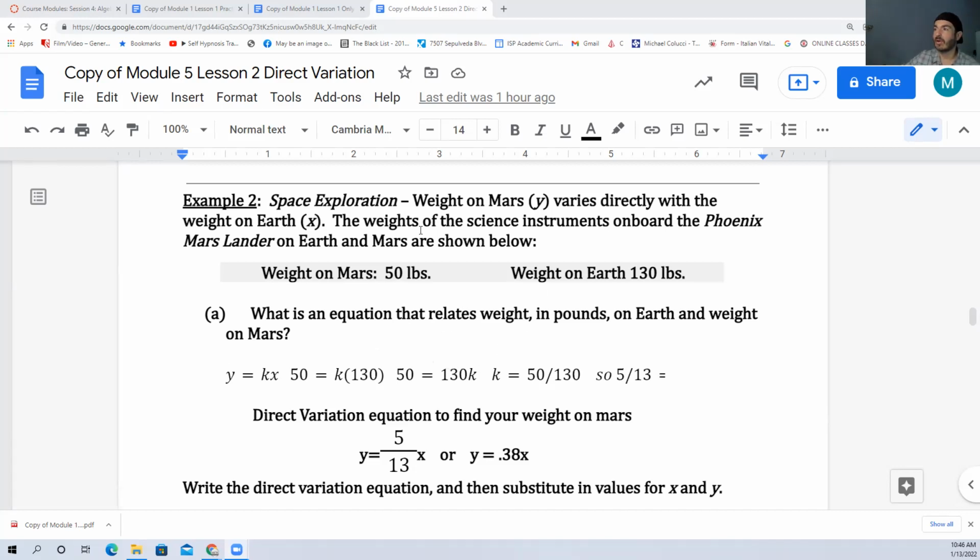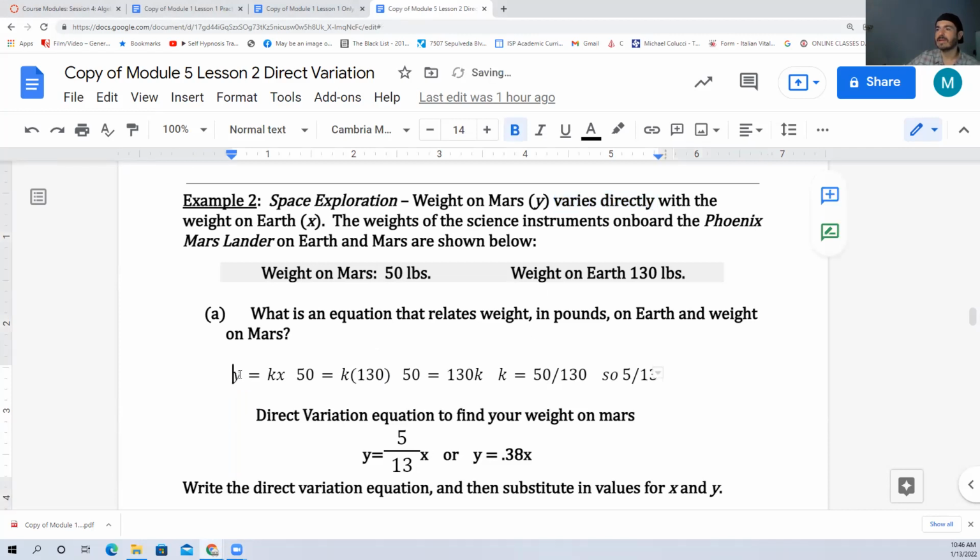Well, we know that they vary directly. So y is going to be equal to kx. Weight on Mars is our y, so they substituted 50 for y here.